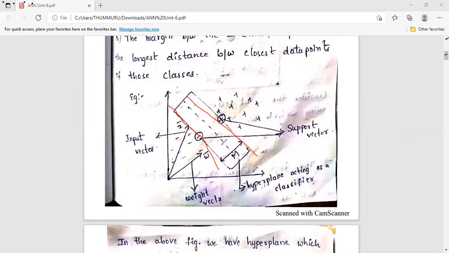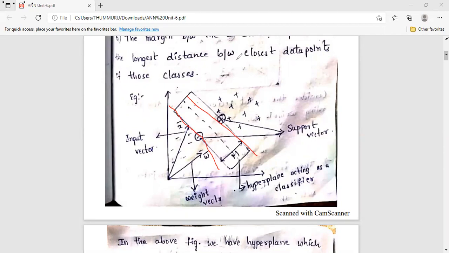Up to this, it's okay. But the optimality of a hyperplane means it divides the data points exactly at the center of the margin. That is called an optimal hyperplane. To draw the optimal hyperplane between two classes, we are going to use the SVM concept.